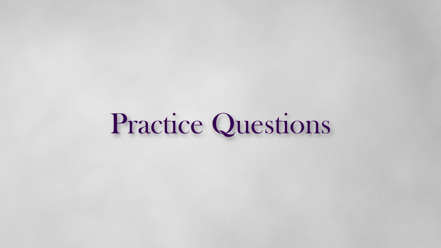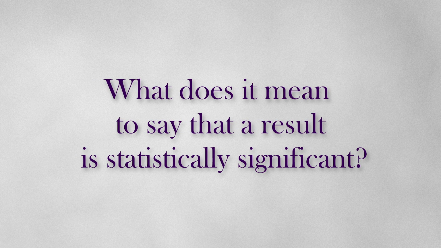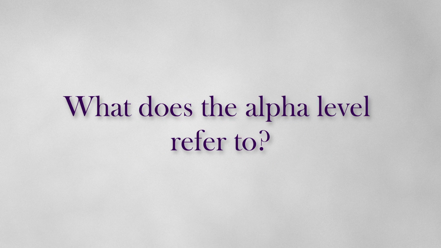Okay, so with all of these things in mind, I thought we would look at a few practice questions. These are conceptual questions to help you to think about the most important concepts related to statistical significance, alpha level, and probability values. What does it mean to say that a result is statistically significant? What does the alpha level refer to?